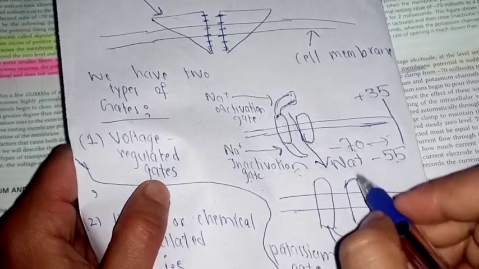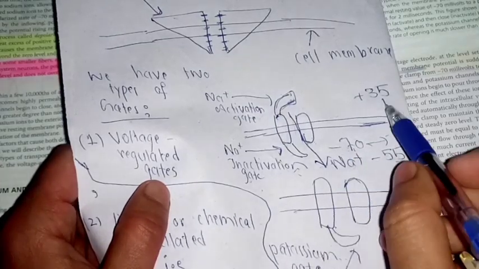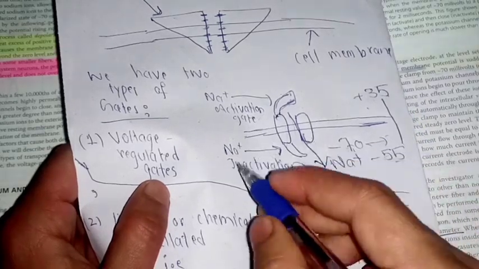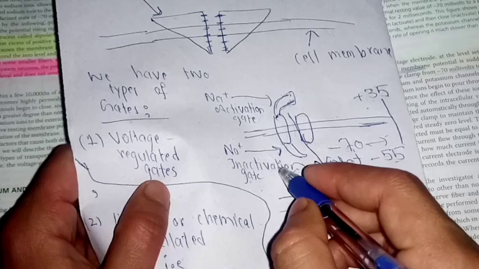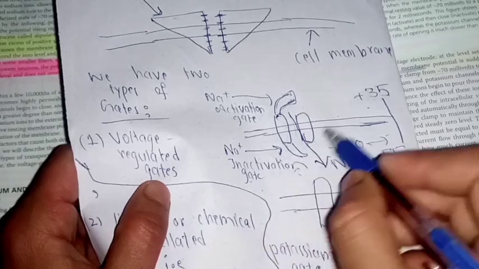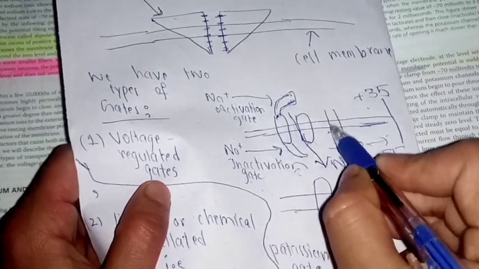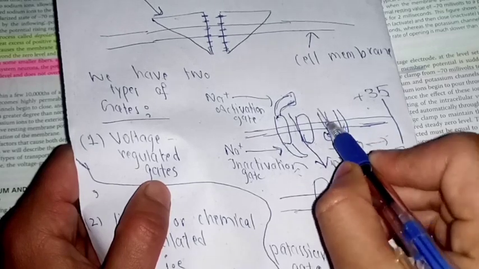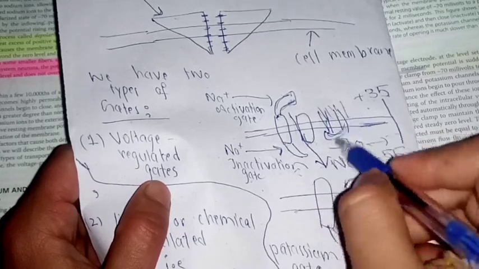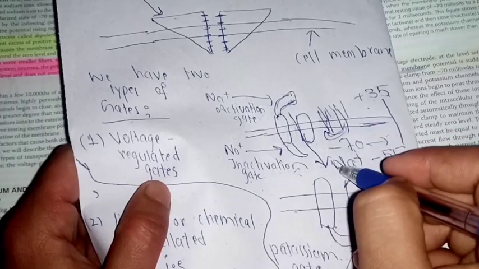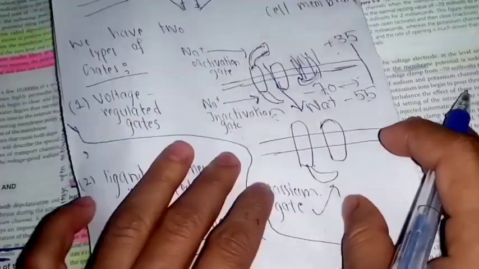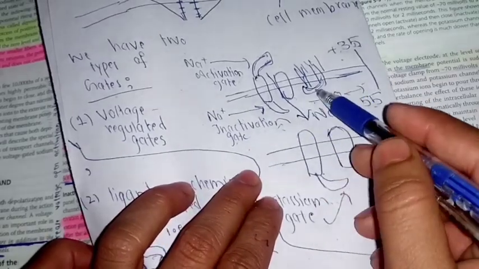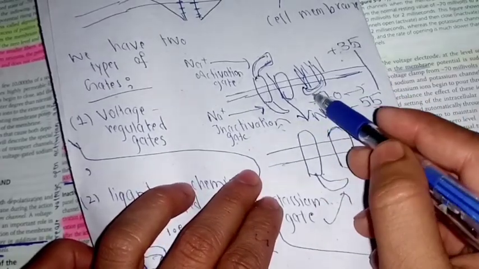And if this depolarization rises to a certain value, which is plus 35 in the case of a large neuron, then the sodium inactivation gate will activate, and this inactivation gate will close the sodium channel and prevent further diffusion of sodium to the inside. Now at this voltage, the inactivation gate of the sodium has been closed.